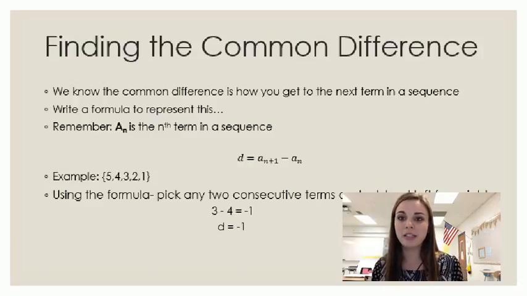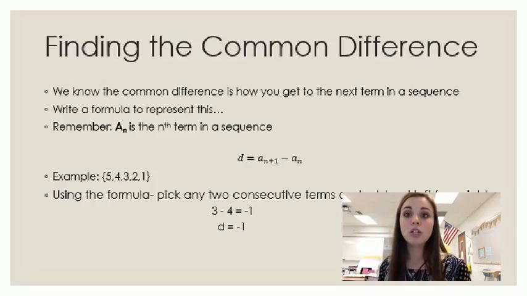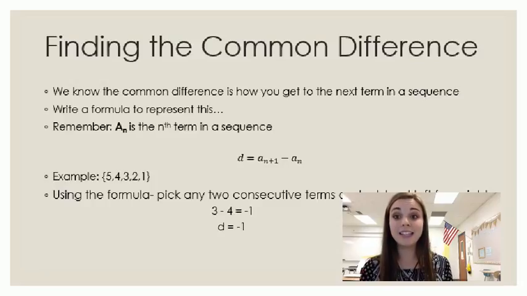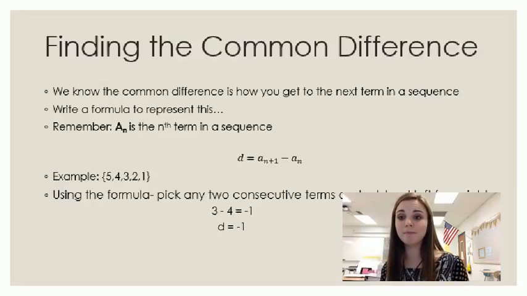Finding the common difference. So we know that the common difference is how you get to the next term in the sequence, like how we got from 10 to 12 in the previous example. So a formula to represent this, you need to remember that A sub n is the nth term in the sequence. And you can see that formula right below there.